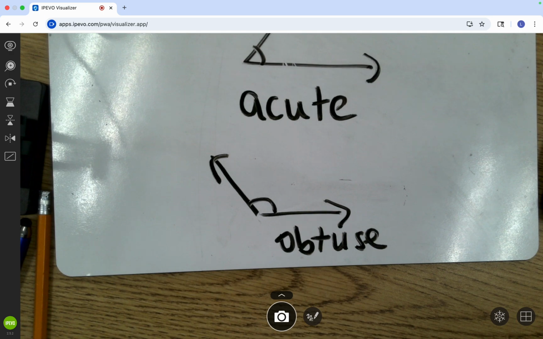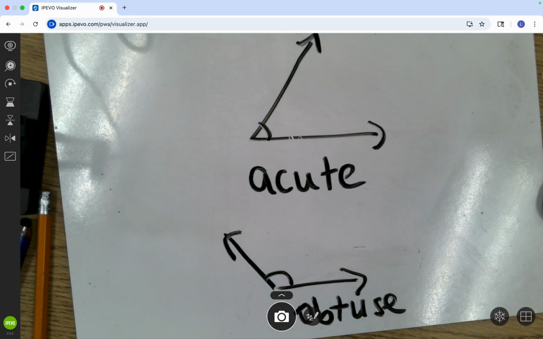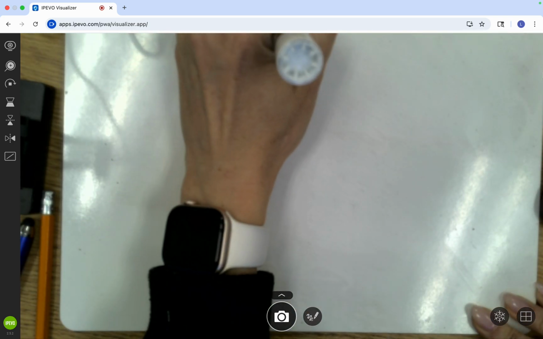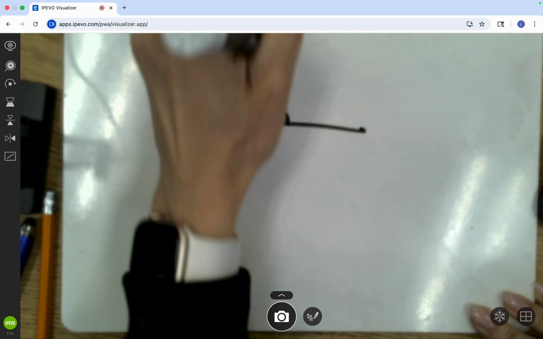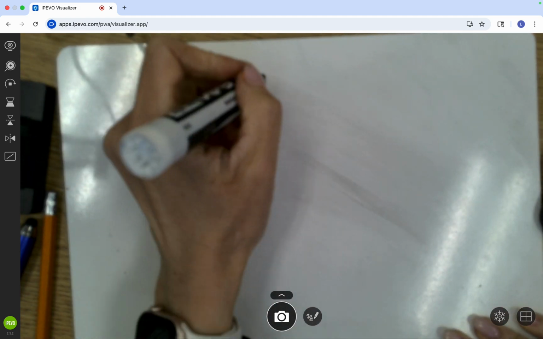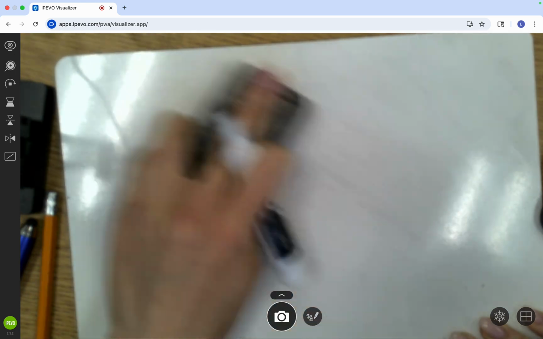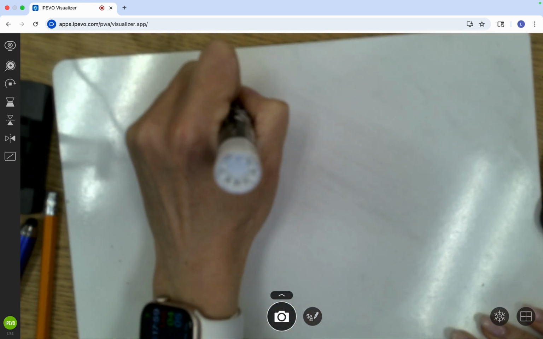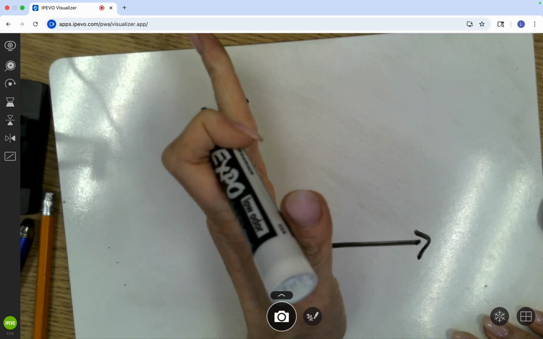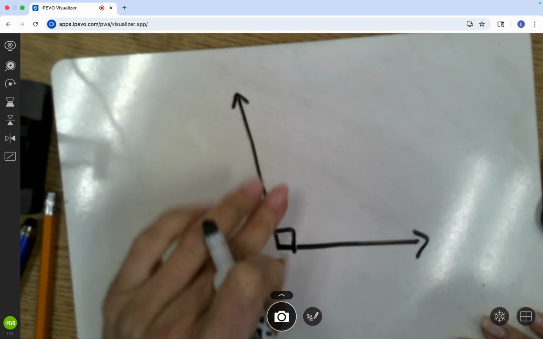Okay. So we have a 90-degree angle. I'm getting a little sloppy. Let me continue to be neat. Okay. So we have a 90-degree angle, right? An acute angle is an angle smaller than 90 degrees.